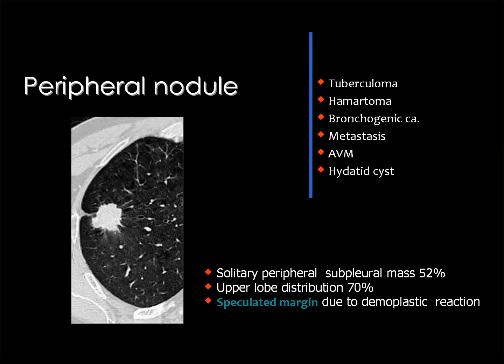If you see a pulmonary nodule, these are the possibilities frequently seen in clinical practice, including tuberculoma, hamartoma, bronchogenic carcinoma, metastatic deposit, arteriovenous malformation, and hydatid cyst.